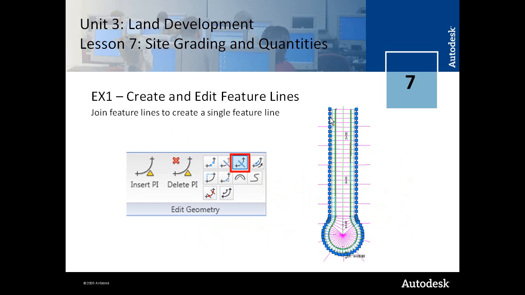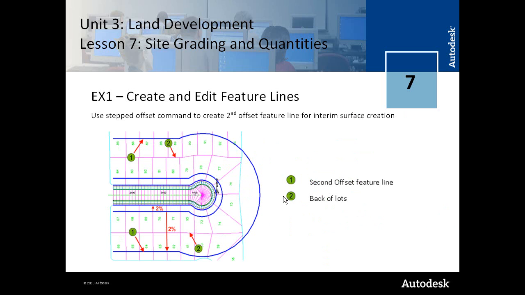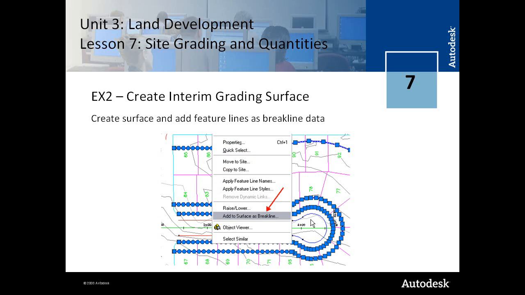You then join them together to make a single feature line, which we would then offset further using the Create Offset, the stepped offset command. And then we would offset this even further to locate a feature line beyond the back of lots.